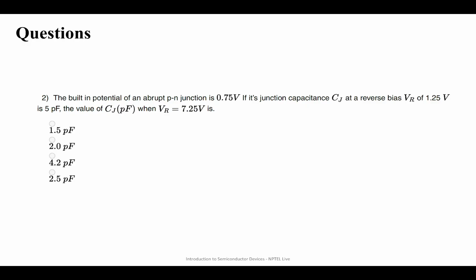So for this, you have to use the junction capacitance formula, that is Cj is proportional to 1 by square root of (VBI plus VR).